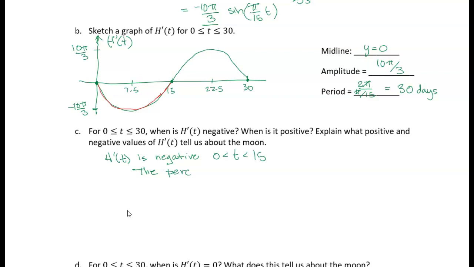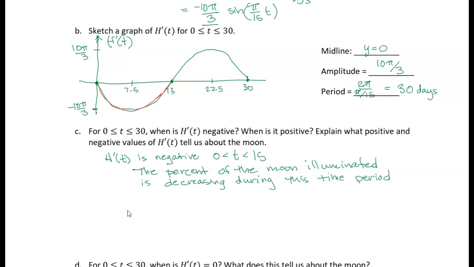So the percent of the moon illuminated is decreasing during this time period.